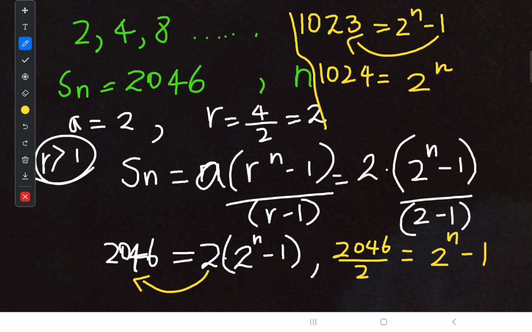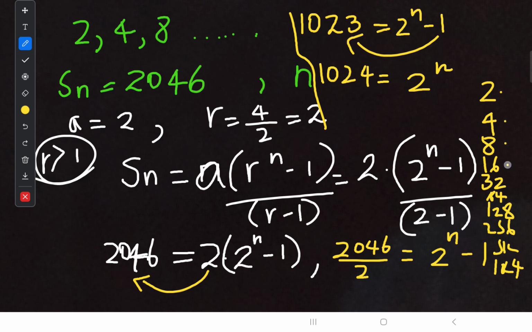So which power is 1024? Let's check. 2 to the power of 1, 2, 4, 8, 16, 32, 64, 128, 256, 512, 1024. Which term? It's the 10th term, 10th power: 1, 2, 3, 4, 5, 6, 7, 8, 9, 10.